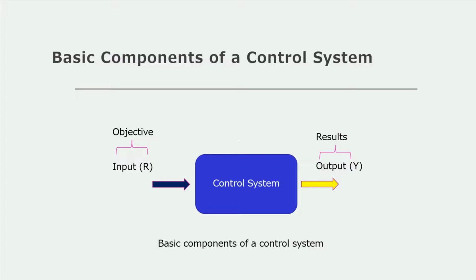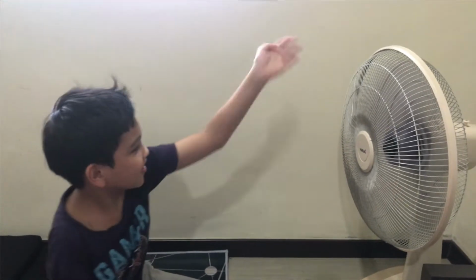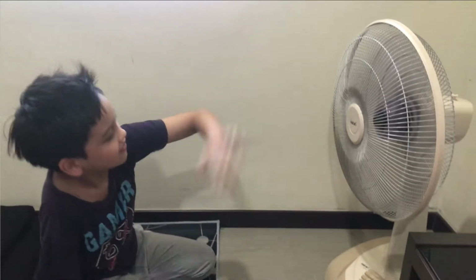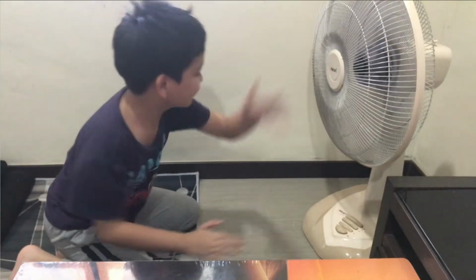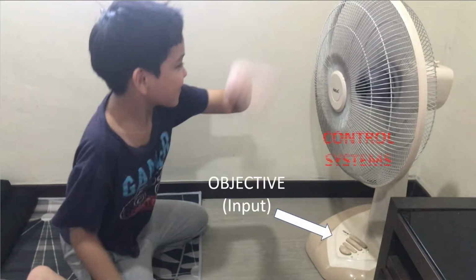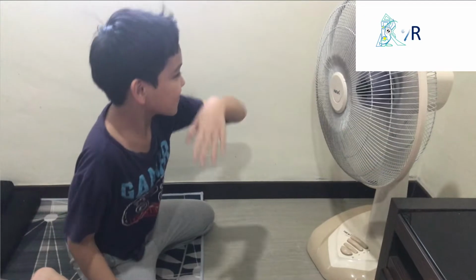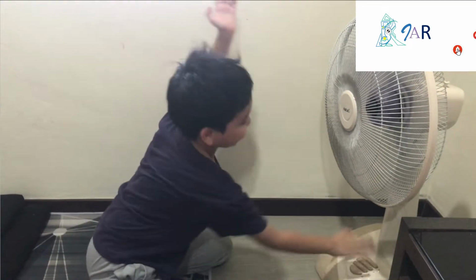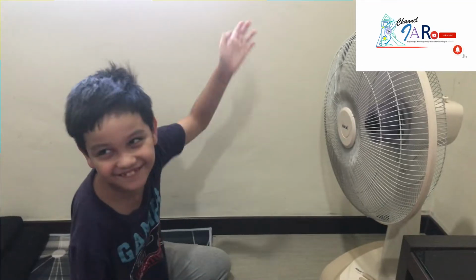The objective of the system means that you want to change, for example, the speed of the fan. So the objective is the speed button. Commonly we have stop, 1, 2, 3 speed, and we have on. That is the input as an objective, and the result is the air.